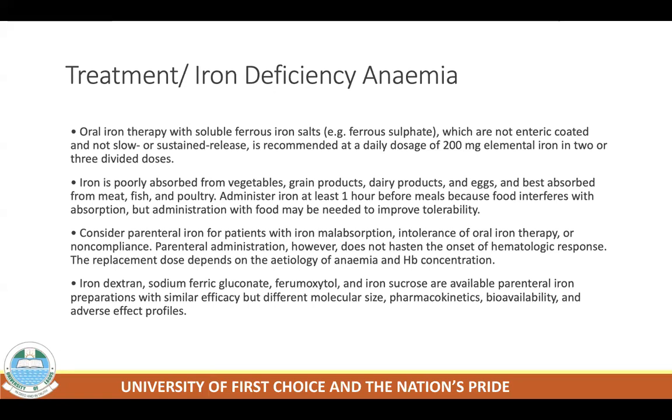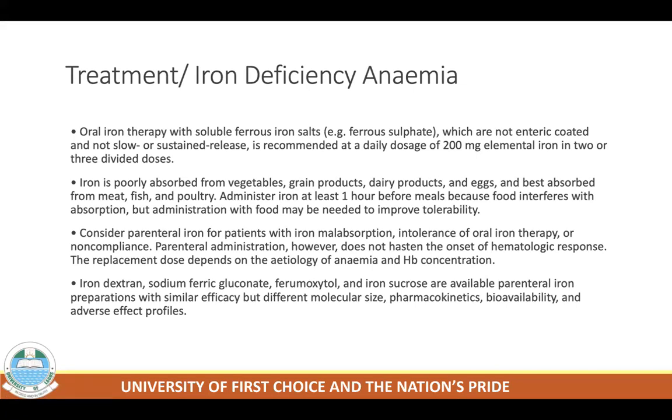Okay, so I was mentioning that iron is poorly absorbed from vegetables, grain products. You usually get what you need from all of the meals, right? But compare what you absorb compared to what is present in the vegetables, in the grain products, dairy products, and eggs is low. What you absorb is low, but the truth is, usually when there is no disease, it means that you are absorbing enough to satisfy your daily requirement, right?